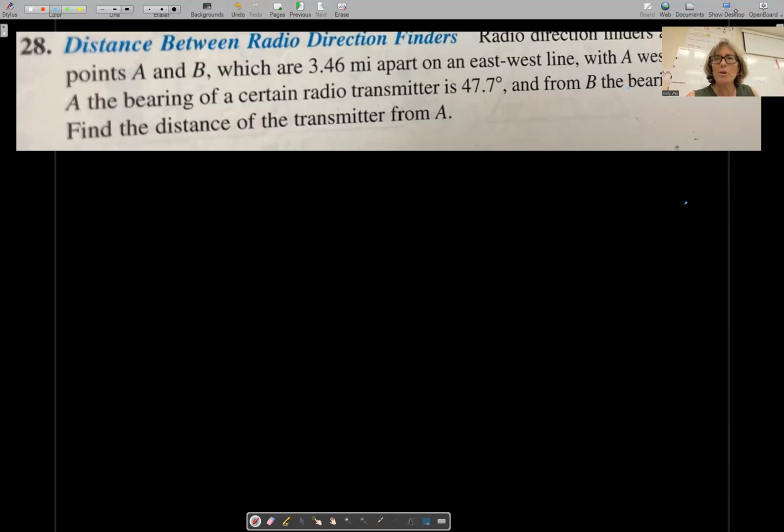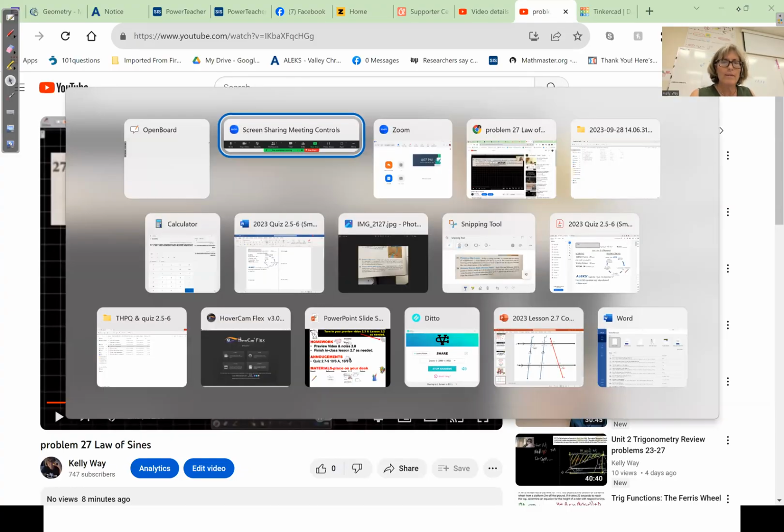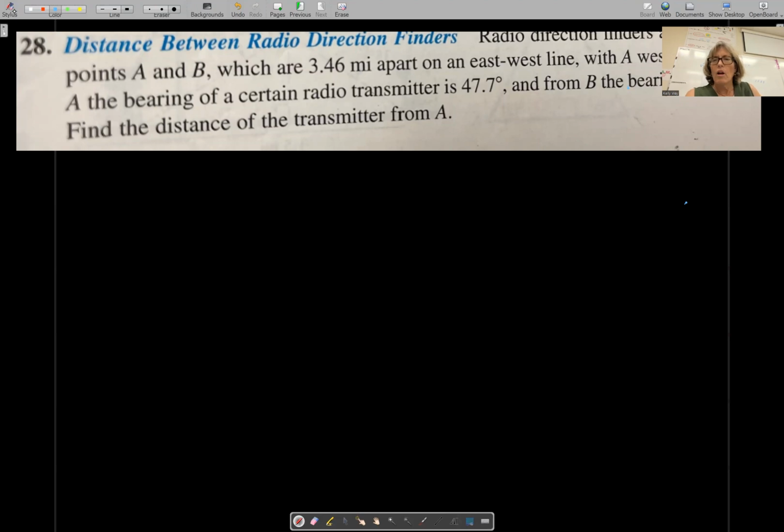All right, problem number 28. Okay, it says that you have radio direction towers between point A and B, which are 3.46 miles apart on the east-west line.